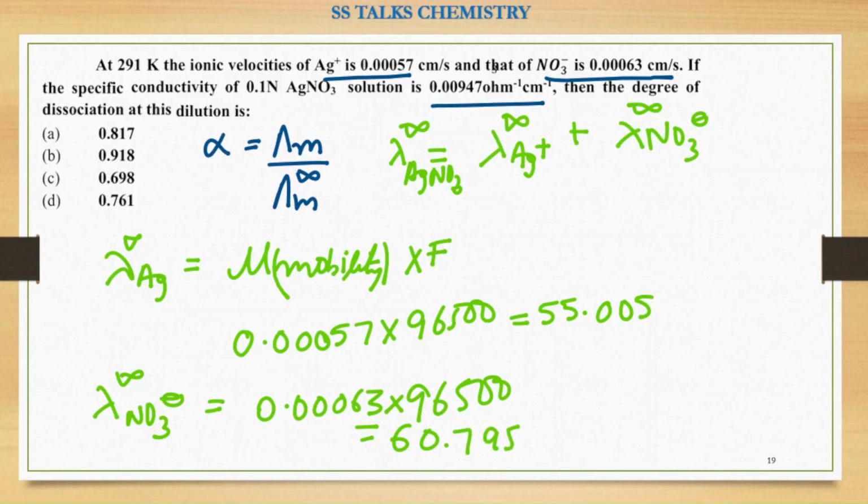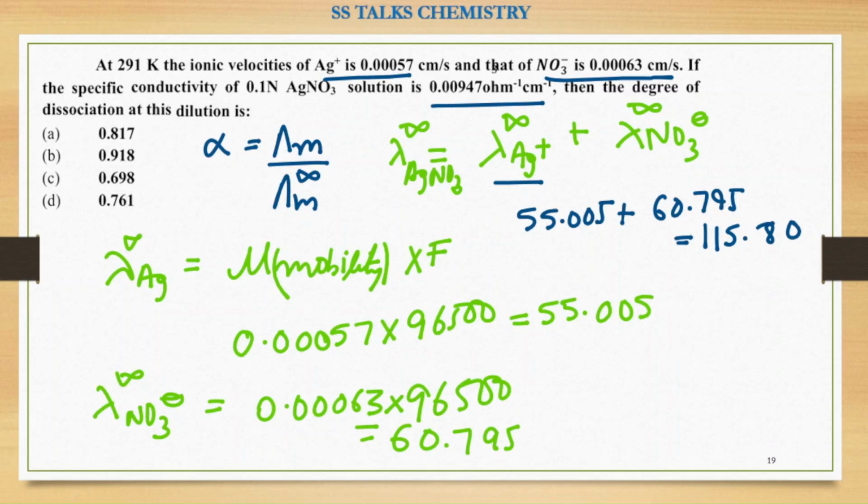Now the conductivity at infinite dilution, you can find this. Just substitute these values: 55.005 plus 60.795, which comes out to be 115.80. Okay, so this is the conductance at infinite dilution.